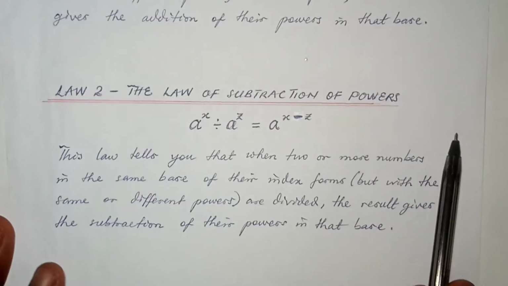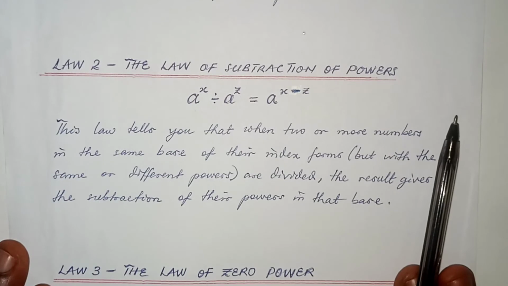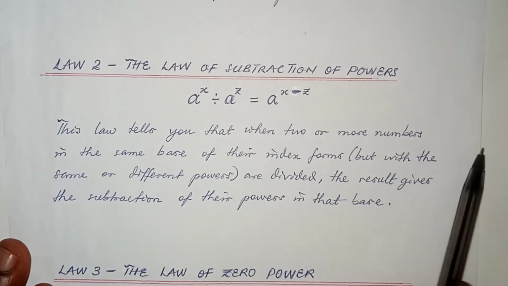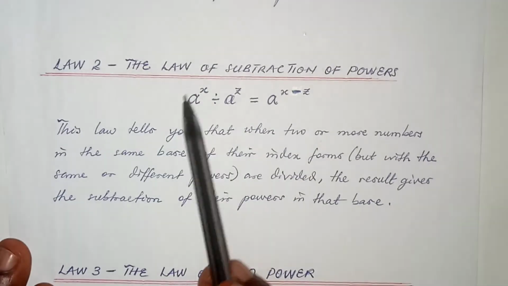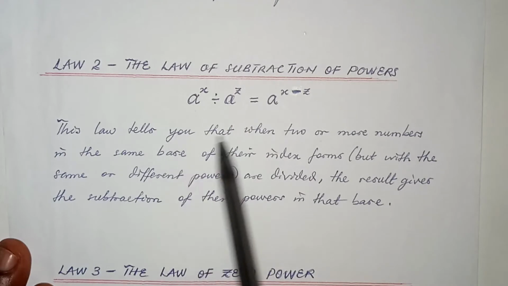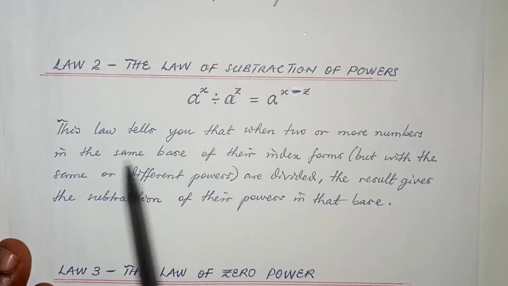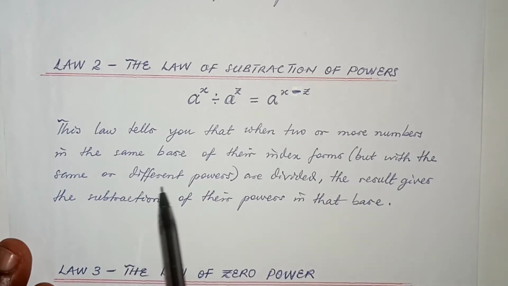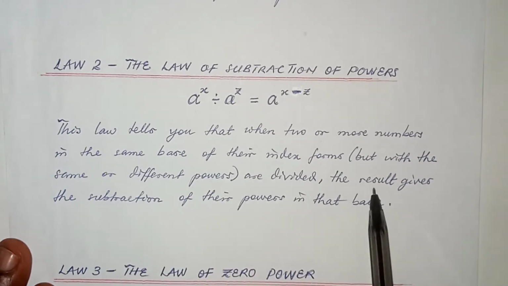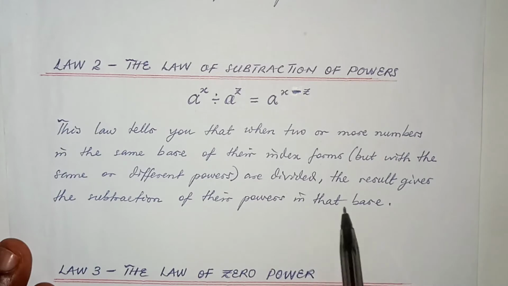Now let's go to law number 2, the law of subtraction of powers. Now, this law is similar to the first law, only that in this case, the two numbers in exponential forms are dividing themselves. So the law tells you that when two or more numbers in the same base of their index forms, but with the same or different powers are divided, the result gives the subtraction of their powers in that base.